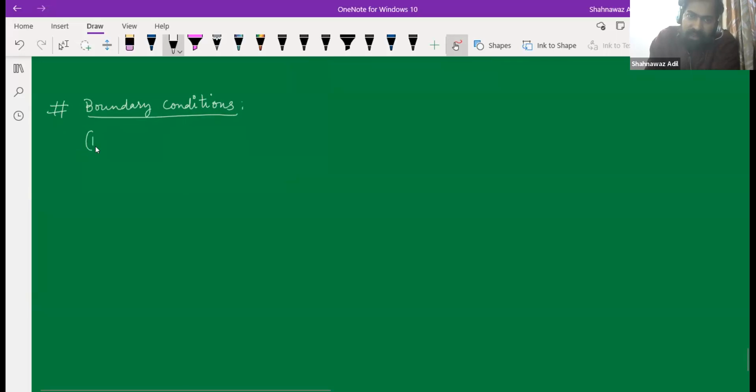One is reflection of wave from solid or rigid surface, right?